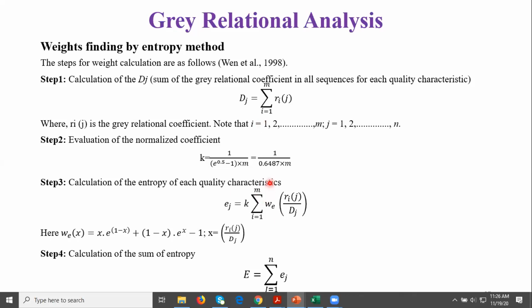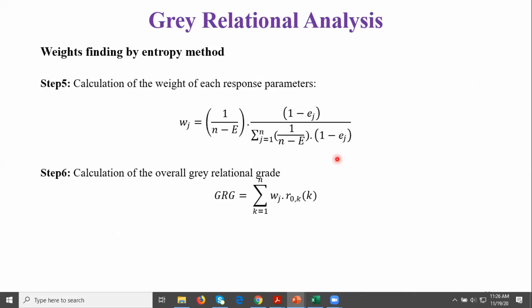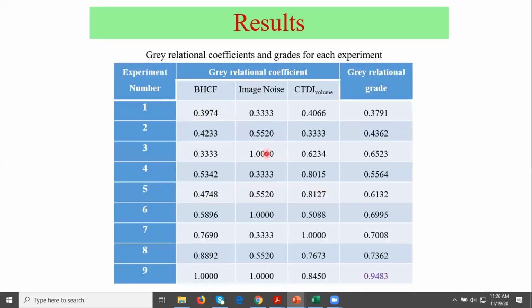The same problem I'm taking to calculate this entropy method. The same gradation coefficients I'm taking. The gradation grade is the same. Here the 9th experiment is getting the result, so when I'm taking the entropy method also, I'm getting the same one. I will show you.